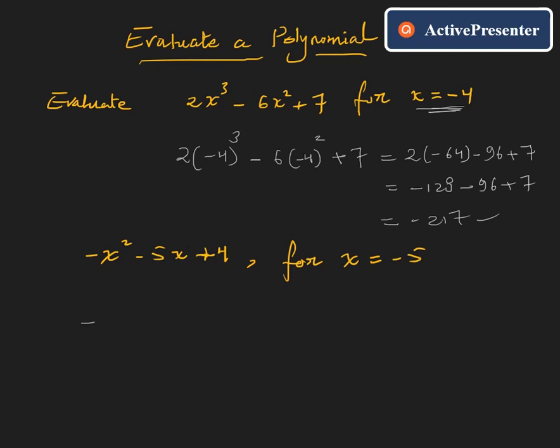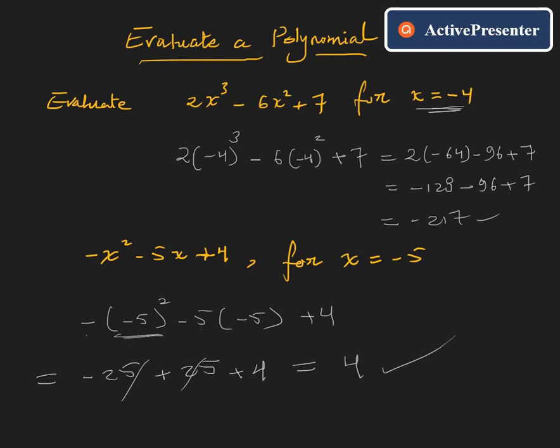Here we have minus multiplied in x squared, which is (minus 5) squared, minus 5 multiplied in x, which is minus 5, plus 4. This is equal to, here it is 25 multiplied in negative should be minus 25, and here minus 5 multiplied in minus 5 should be plus 25, plus 4. So this will eliminate this, and the answer should be 4, and you are done.